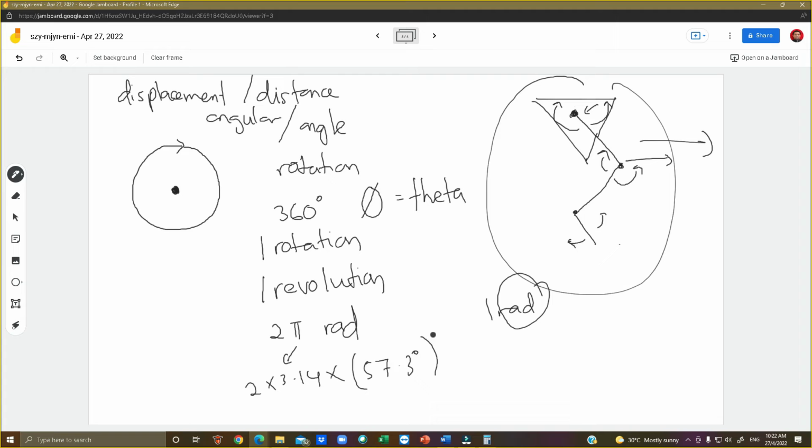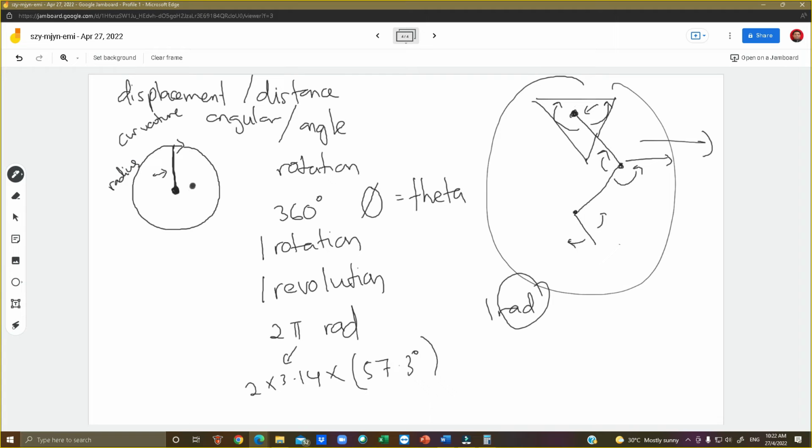This can be explained in a lot longer method, but I'm going to show you just a simple one. Okay, when we draw a rotation, we are going to have radius kan. Ni daripada pusat axis ni sampai curvature ni, this is known as curvature. Okay, this is known as radius.